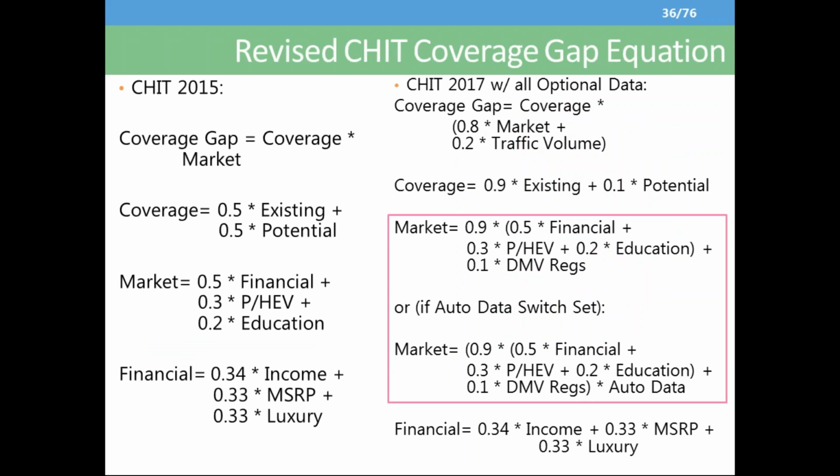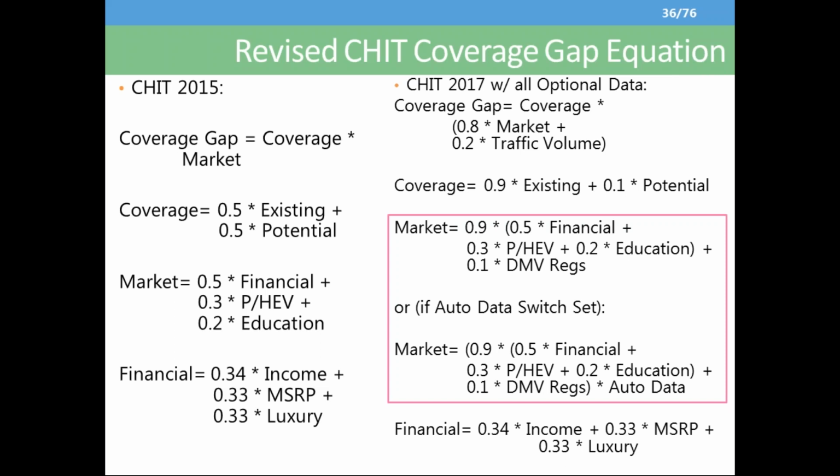So this is about as complicated as the math gets for CHIT in the 2017 version. You can see the equations on the right with all of the optional data available. The weightings are the weightings that we used in the 2017 annual evaluation. They can be changed by users if they want to do their own investigations.